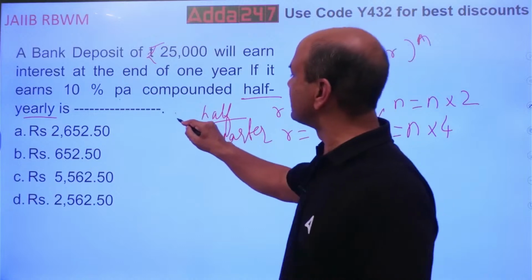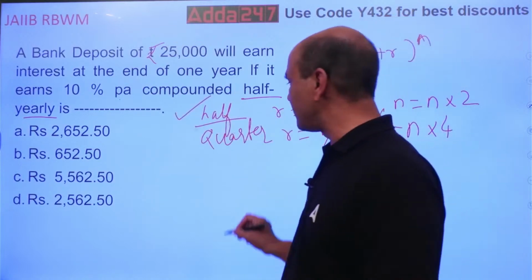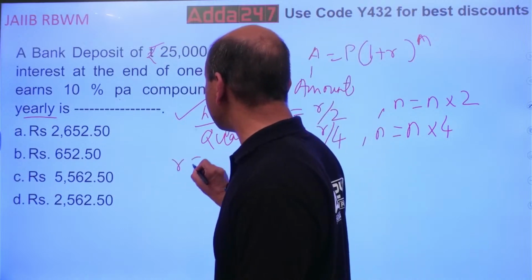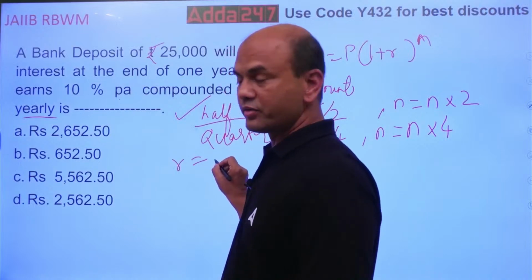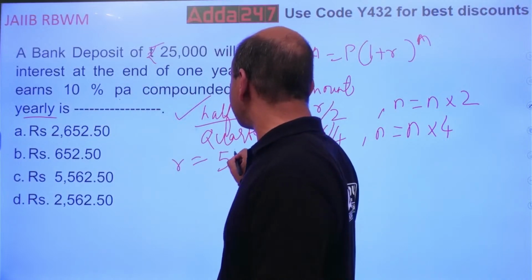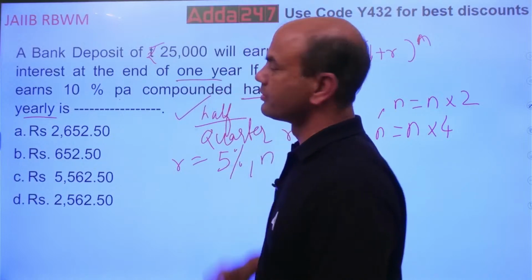Now use this for half yearly. What is the new R? R becomes R upon 2, whatever is given, 10%, so now it will be half, 5%. What is the new N? N is given as 1 year.